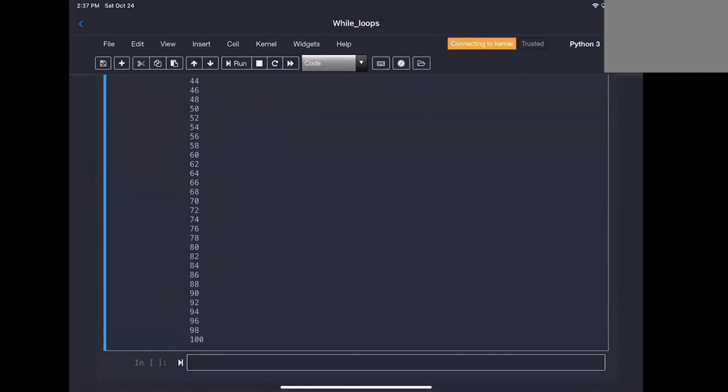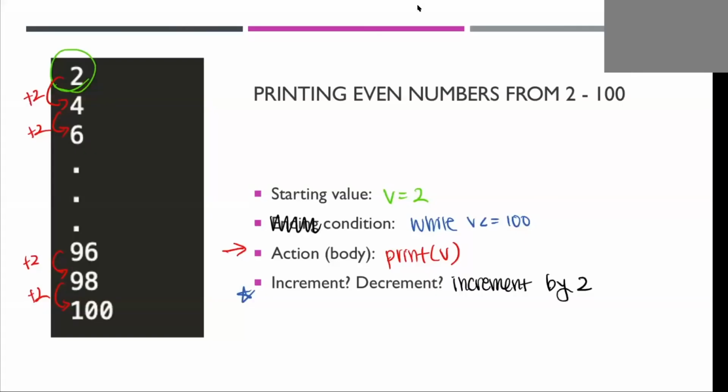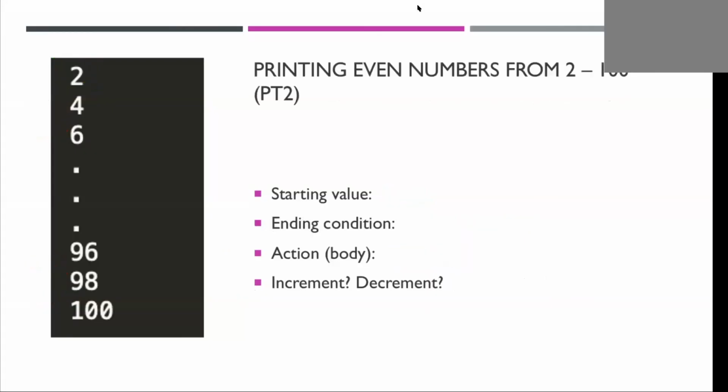Now today we are going to continue that PowerPoint and move on to the other way that we could have potentially done this. Instead of a starting value of 2, we could technically start in different places.